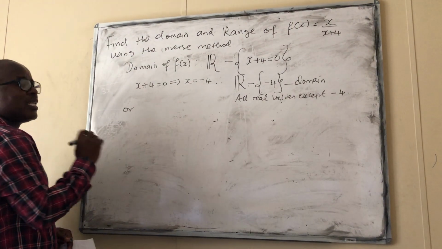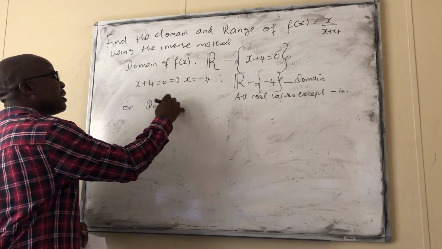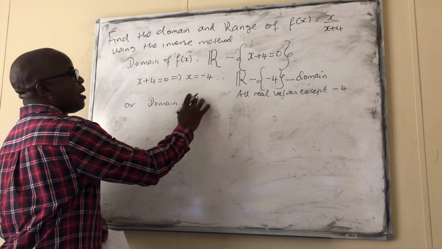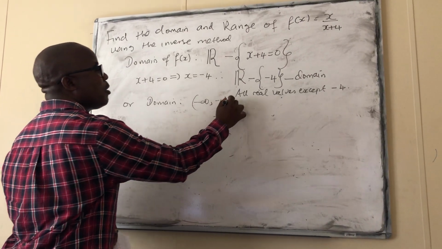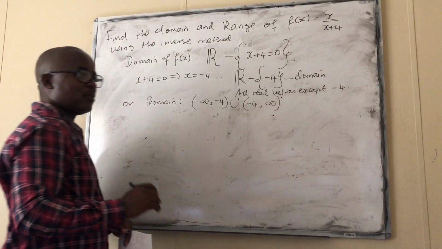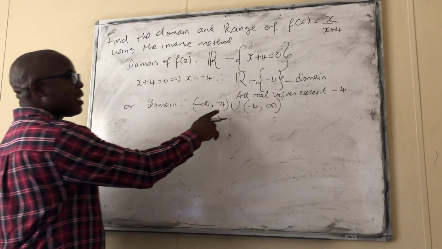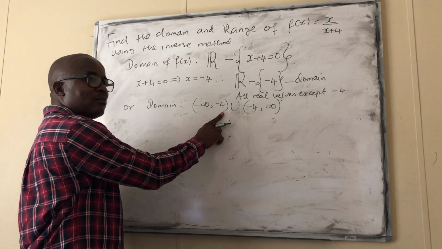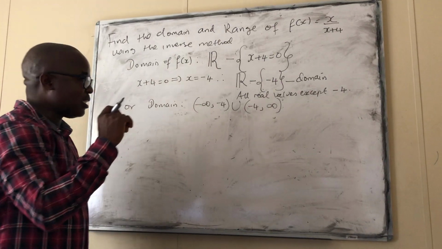Or you could present the domain like this: minus infinity to minus 4, plus minus 4 up to infinity. Here, we are not using square brackets because minus 4 is not part of the domain. Minus infinity is just a symbol.